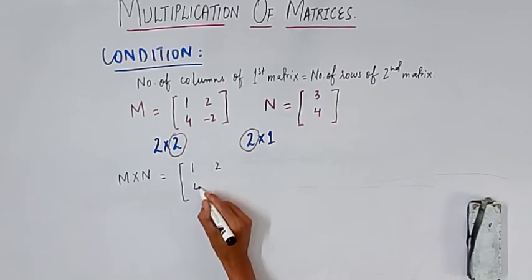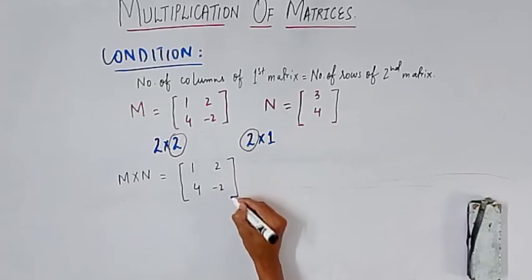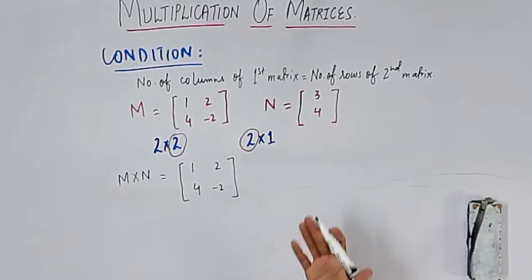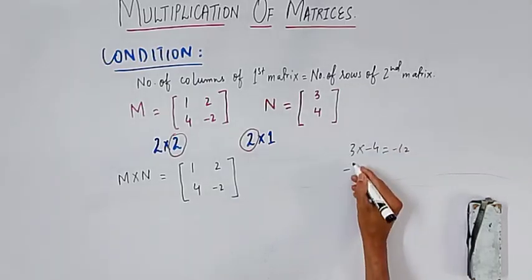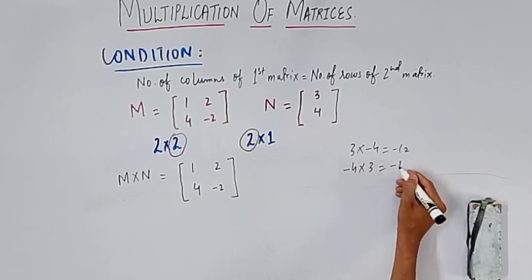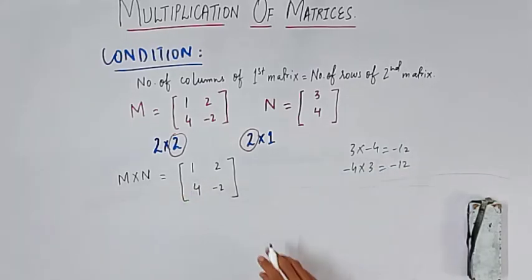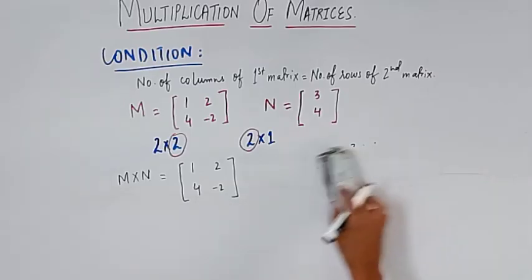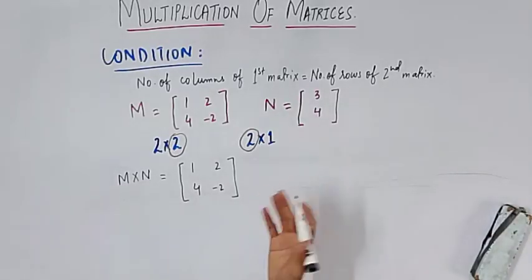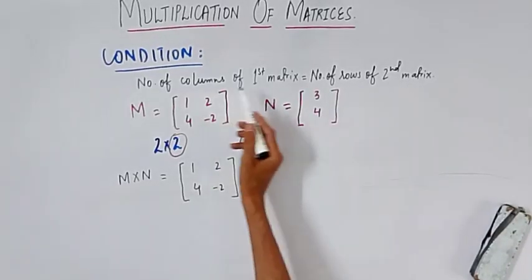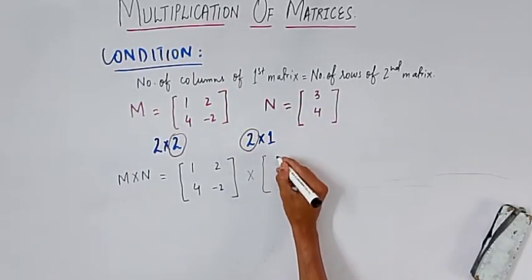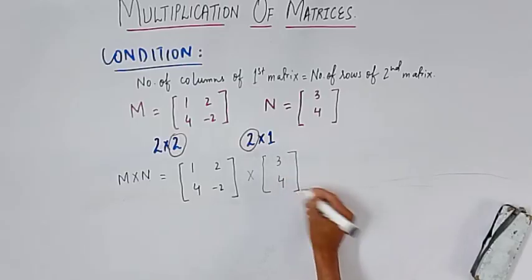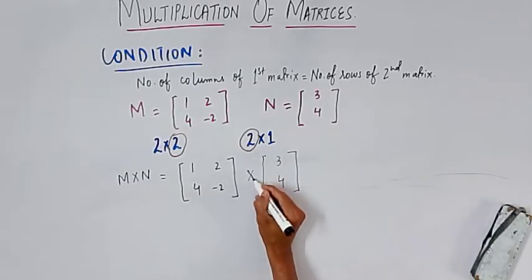Usually when we multiply numbers, 3 multiplied by -4 gives -12, and similarly -4 multiplied by 3 also gives -12, but this is not the case for matrices. In matrix multiplication, order generally matters, that is, which matrix is written first and which is second. That's why we mention first matrix and second matrix.